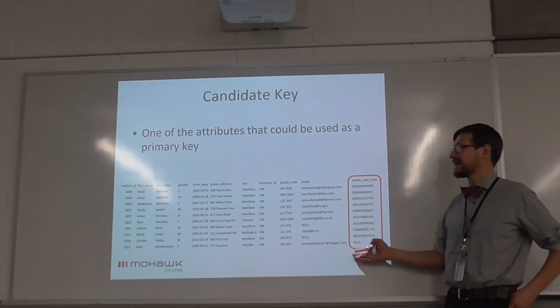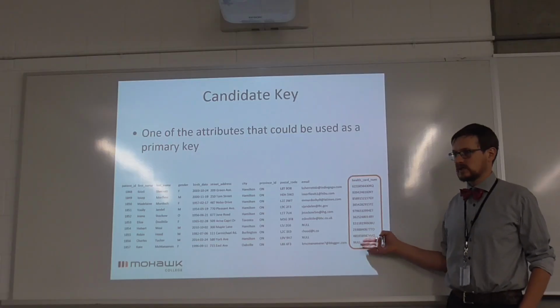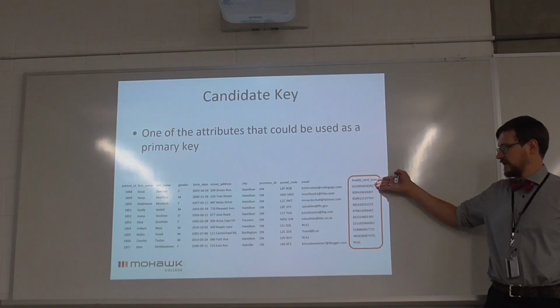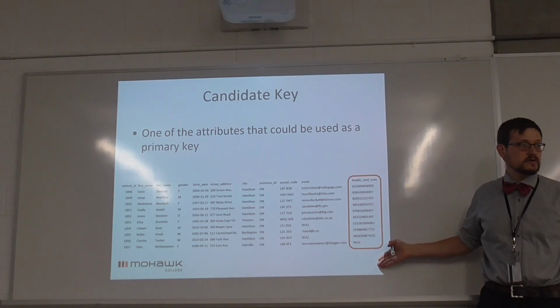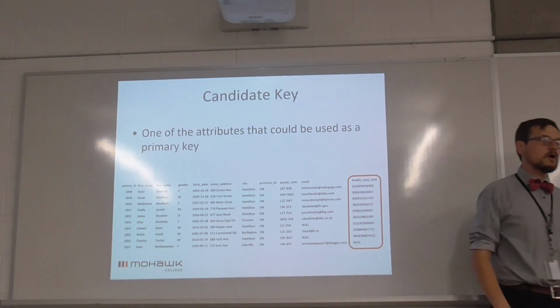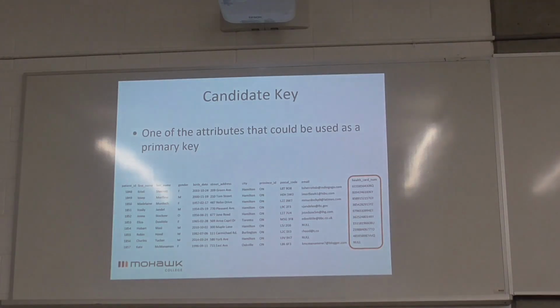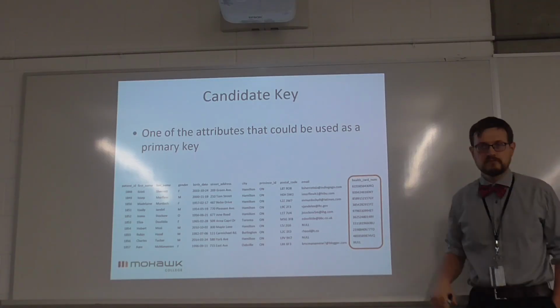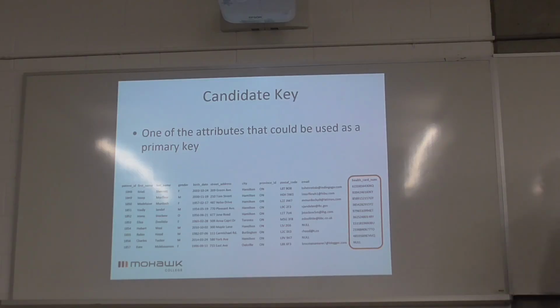We can't allow null because null would be non-unique. So this column must be required to have something to be a candidate key, and all of the things inside of it need to be unique, right? Make sense?